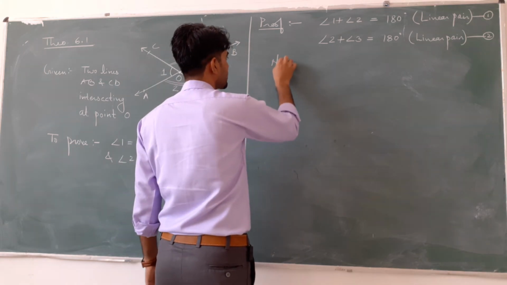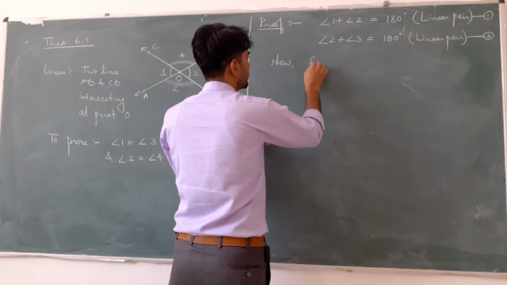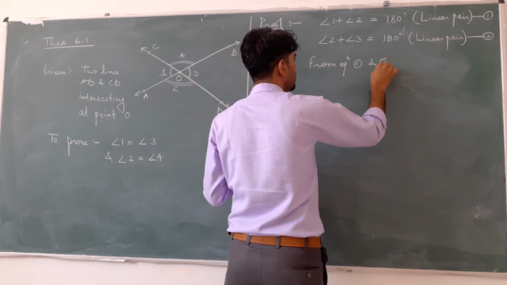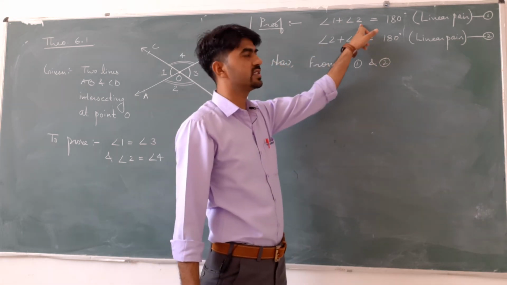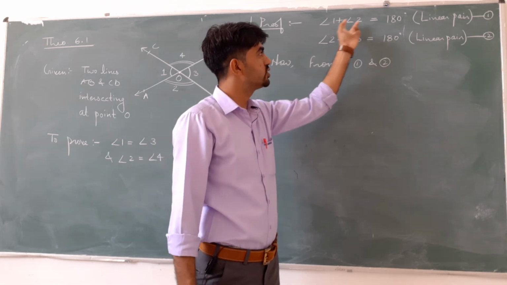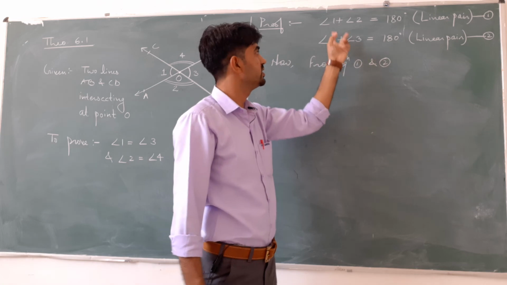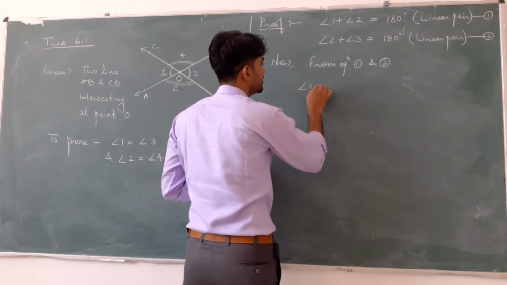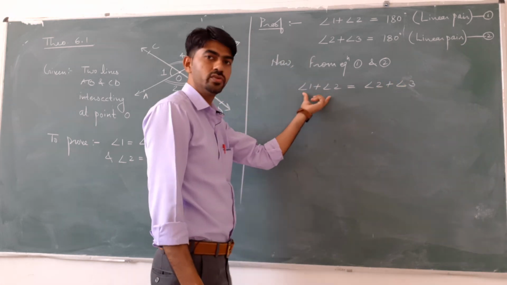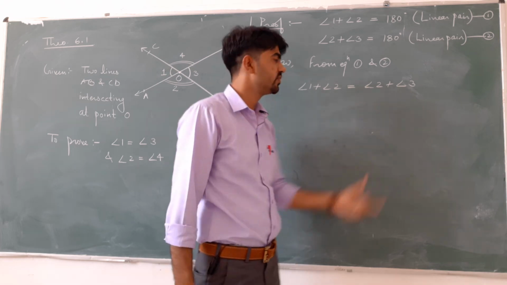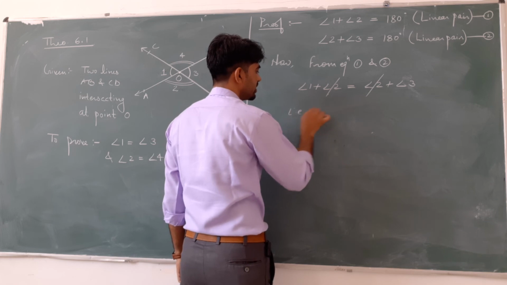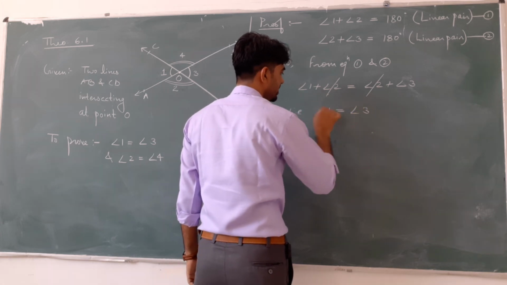Now from equations 1 and 2: angle 1 plus angle 2 is 180 degrees, and angle 2 plus angle 3 is also 180. The sum of these two is equal to the sum of these two. It means angle 1 plus angle 2 is equal to angle 2 plus angle 3. So angle 2 will cancel from both sides, that is, angle 1 is equal to angle 3.